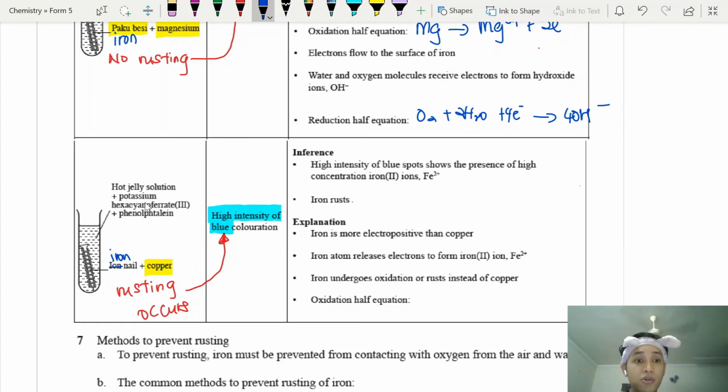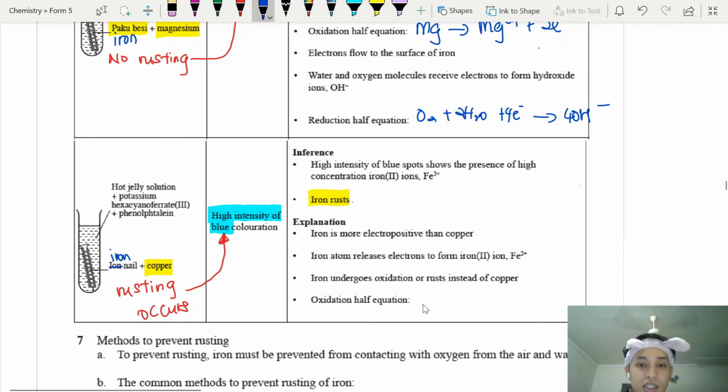If I have Fe2+, this one will change into blue color. Phenolphthalein is no longer important because the blue color is so concentrated that you might not be able to see the pink color anymore. So high intensity of blue spots shows that you have Fe2+. So iron will rust, meaning rusting will happen.